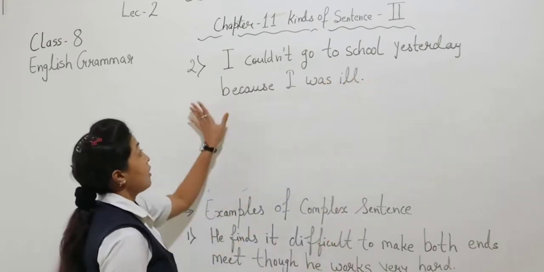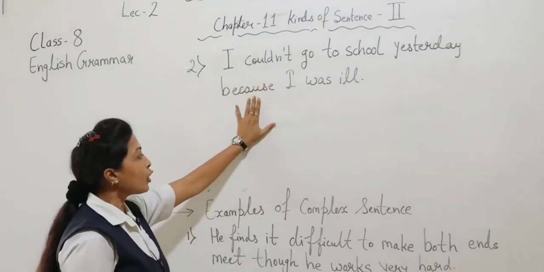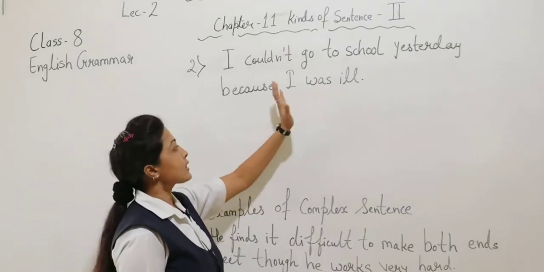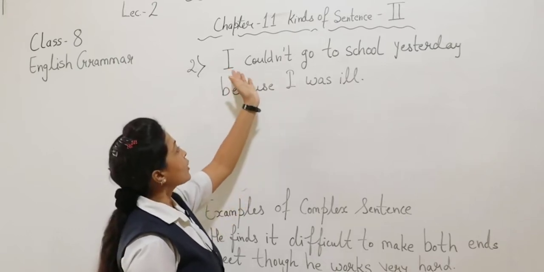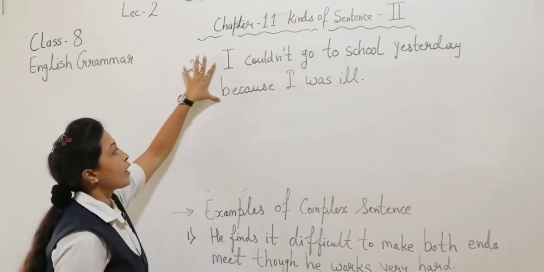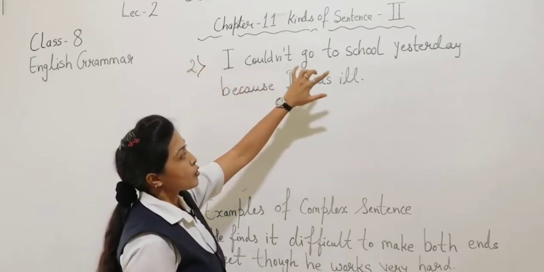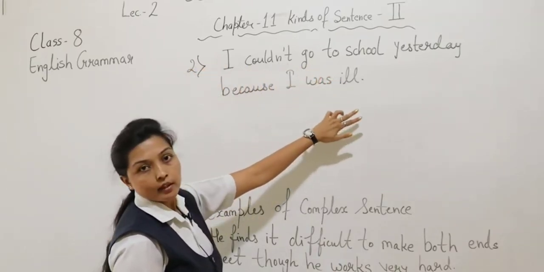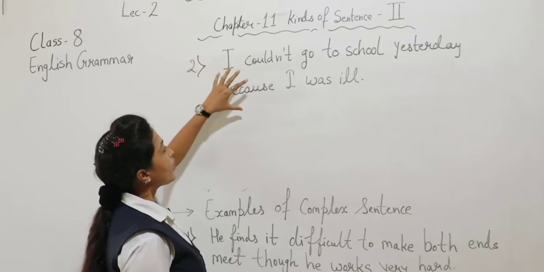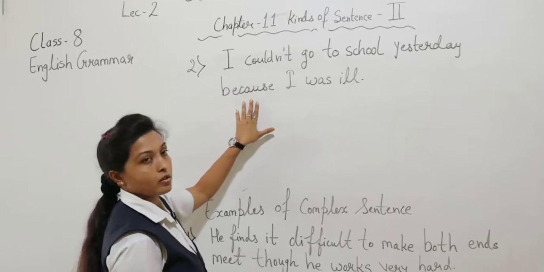So in this sentence, we can see that the second part is dependent on the main part, that is the main clause. In this sentence we find two parts. I couldn't go to school yesterday, I was ill, and these two parts are joined by a subordinate conjunction, that is because.